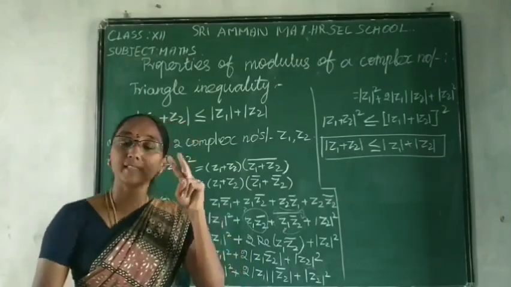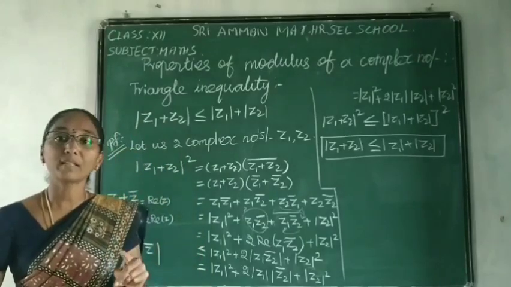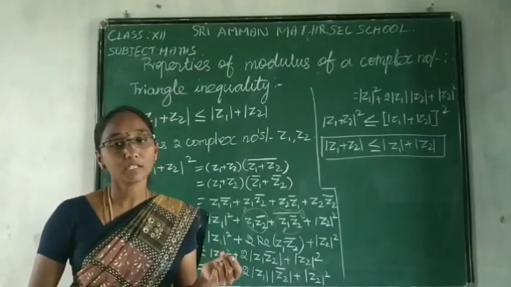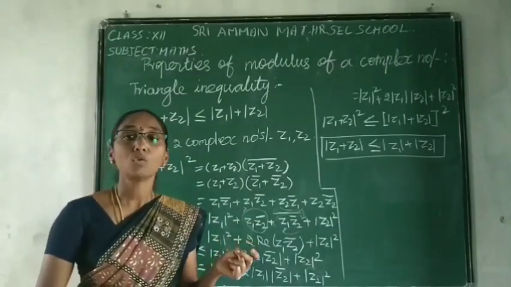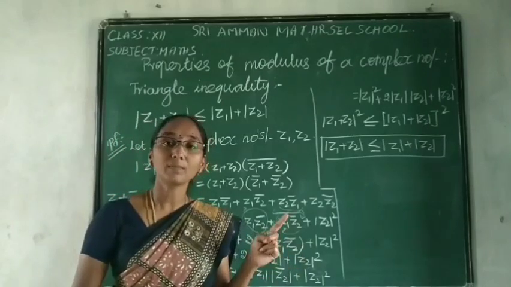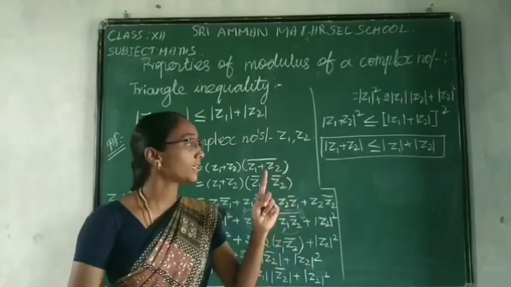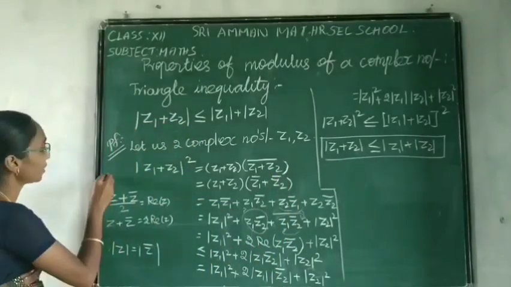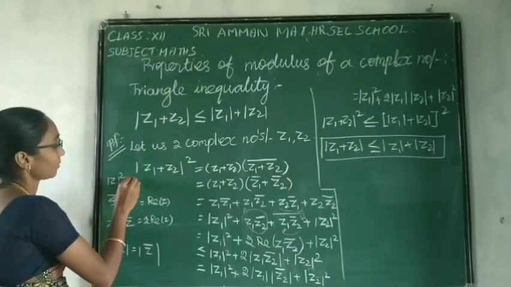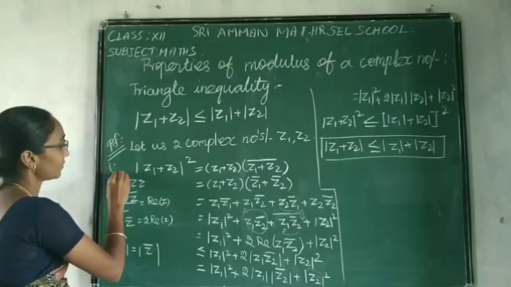Now let us consider two complex numbers z1 and z2. You know the formula: modulus of z square equals z into z bar.